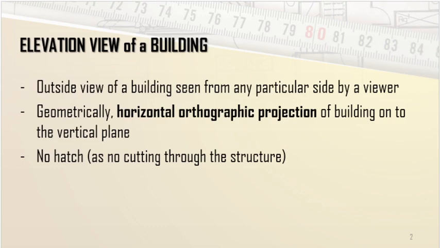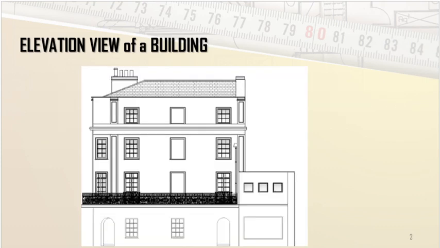If I give an example of an elevation view of a building, it will be like this. Let's say this might be a side view of any building. If you see from either side of the building, this is the building we can expect.